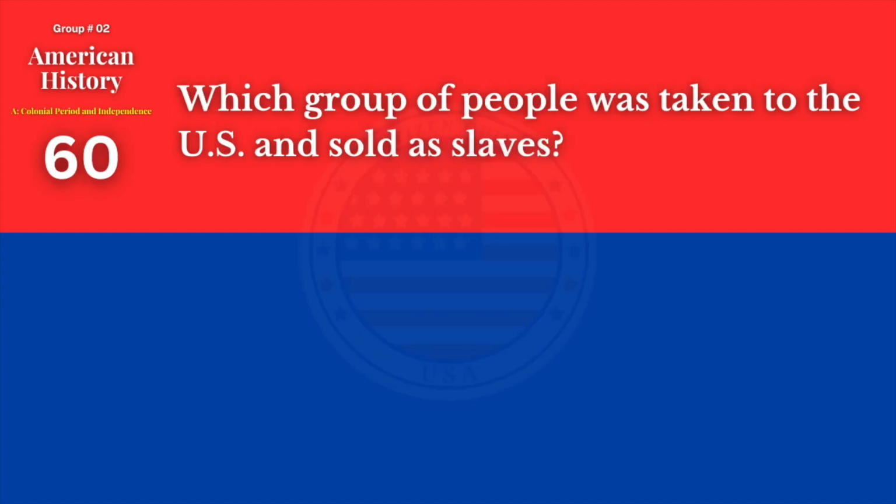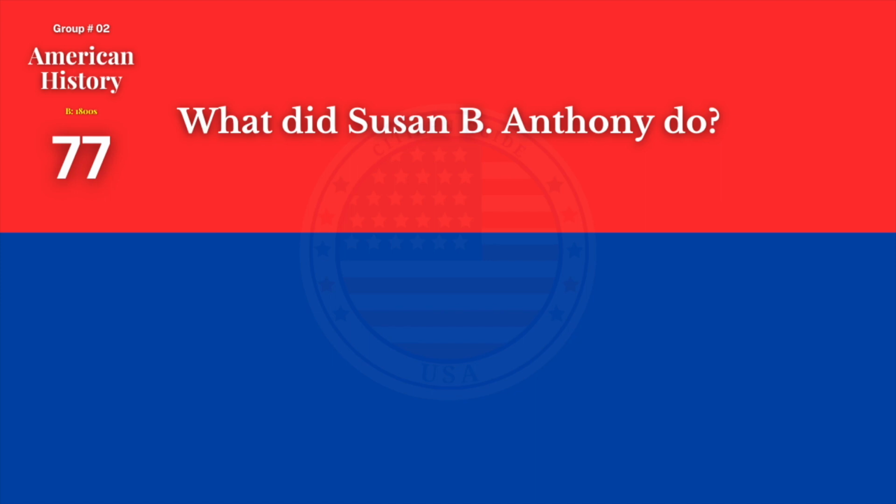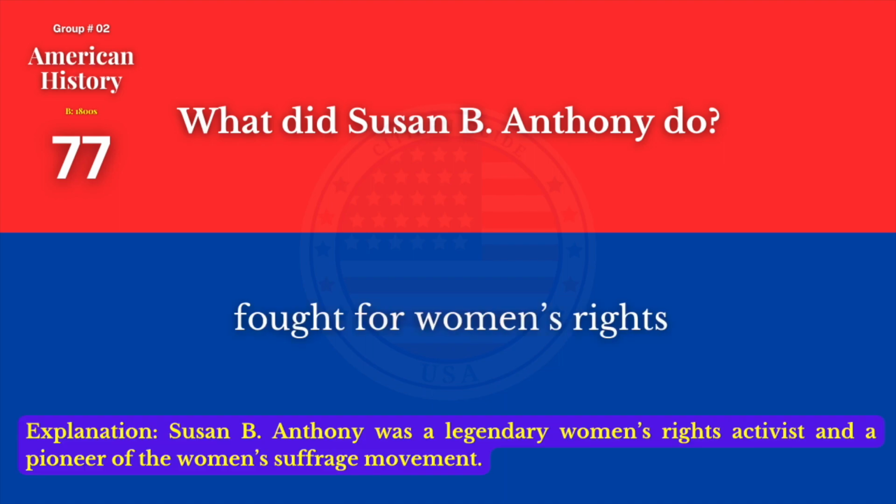Which group of people was taken to the U.S. and sold as slaves? Africans. What did Susan B. Anthony do? Fought for women's rights.